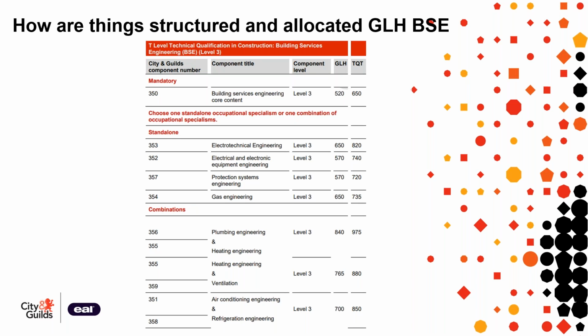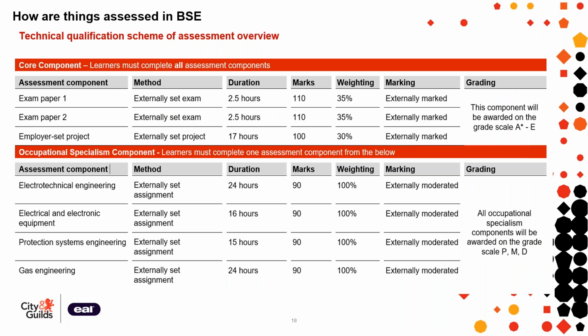Next one, please, Rob. The core for BSE is assessed in exactly the same way, with the same weighting and grades. The marks and duration of the exam papers are slightly different: 110 marks and 2.5 hours.